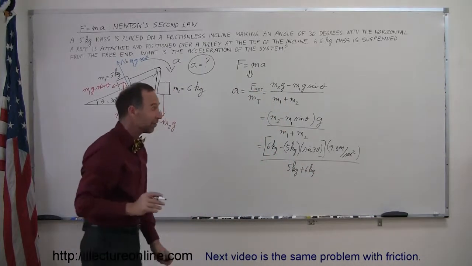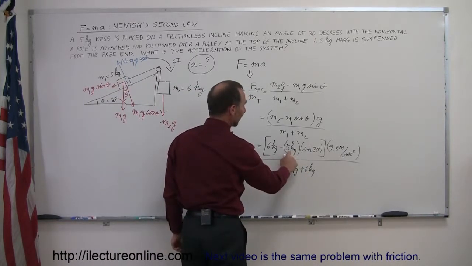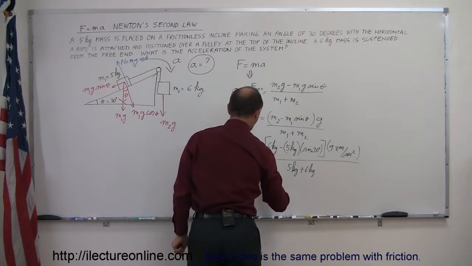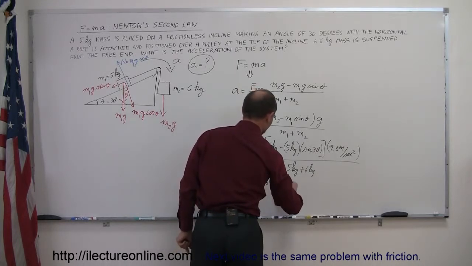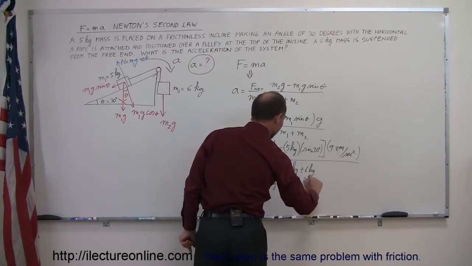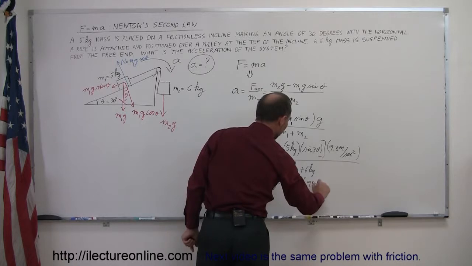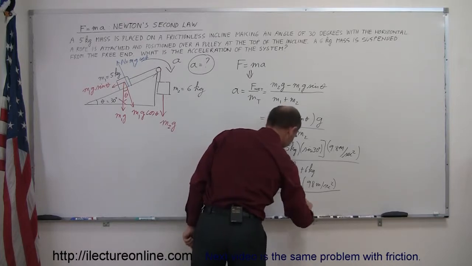All right, simplifying this a little bit now. The sine of 30 is 1/2. So this would be 1/2 times 5, which is 2.5 kilograms. So this is equal to 6 kilograms minus 2.5 kilograms. The whole thing multiplied times 9.8 meters per second squared, and then divided by 11 kilograms in the denominator.